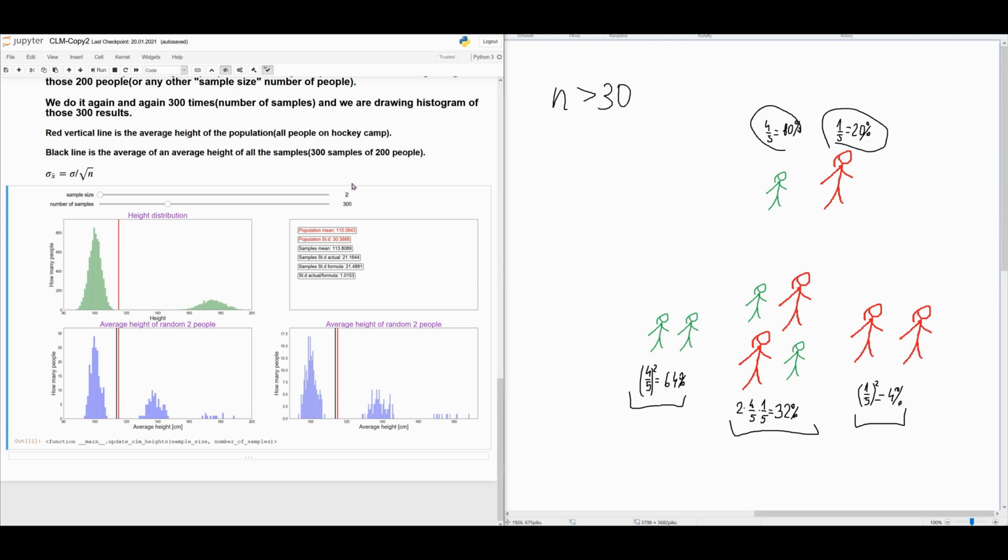So in the first case, when we have a sample of 1, there would be 80% for kids and 20% for a teacher. But now we either choose 2 kids, which would be 4/5, so 80% squared, it's 64%. Kid and a teacher, or teacher and a kid, so 32%, or 2 teachers.